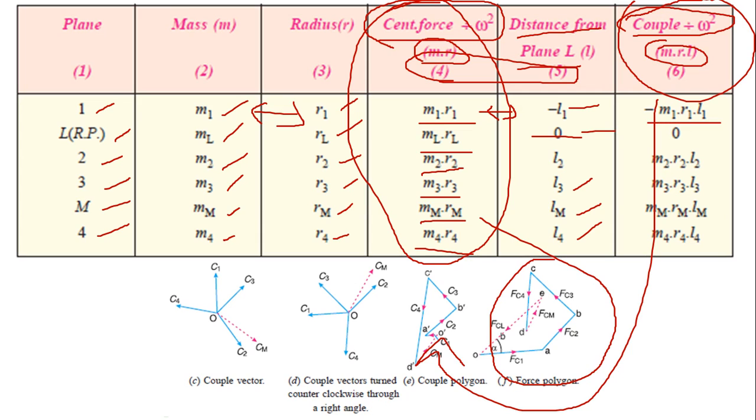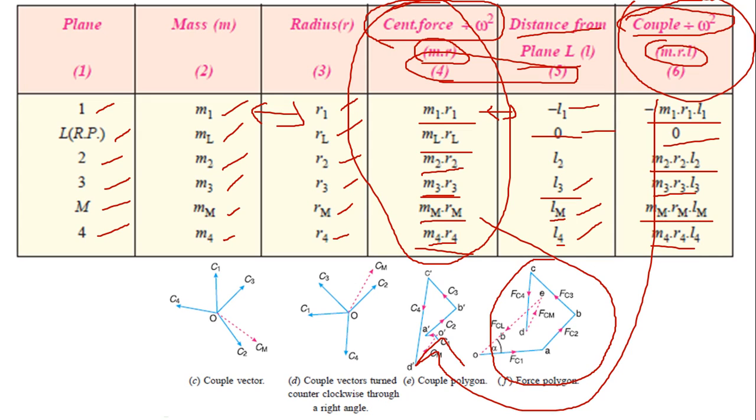Then this is 0, so 0 into ML into RL is 0. Then M2 into R2 into L2. Same way M3 into R3 into L3. Then MM into RM into LM. Then M4 into R4 into L4. So these are all the things you got.